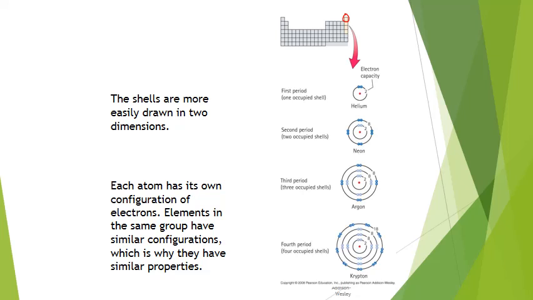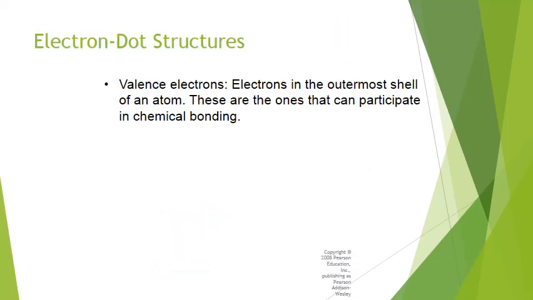Likewise with neon. Neon's the next one down. It's atomic number 10, which means it's got 10 protons in its nucleus, and it's got 10 electrons. And it just so happens that those 10 electrons are divvied up with 2 in the first shell, 8 in the outer shell, what's called the valence shell, and the valence shell is completely full. 8 is the maximum number of electrons you can have in that second shell, and therefore neon is also pretty happy.